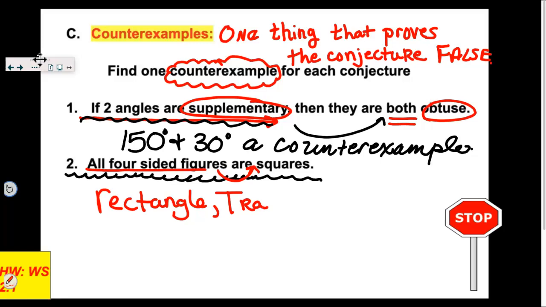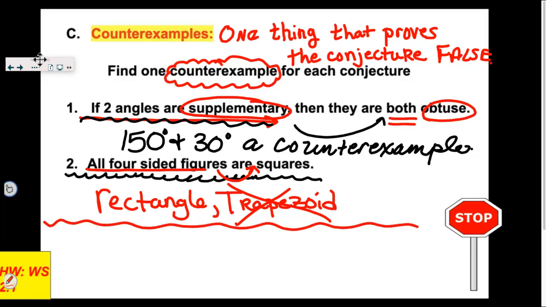Trapezoid is usually a very common one I hear. But any one of those, and you only need one. So you need to find one thing that proves the conjecture false. And the minute you find that one thing, it's no longer a fact. Okay? So I'm going to challenge you to find a counterexample to this conjecture.